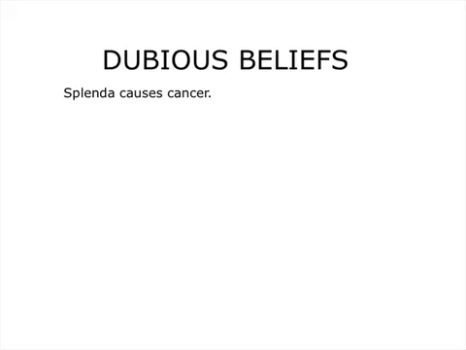My wife believes this. Why? Because she doesn't want to get cancer. And because whatever anybody says could cause cancer, I better watch out for it. But it's based on a kind of reasoning that people do. Splenda is chemically different than NutraSweet, for those of you who don't know that.